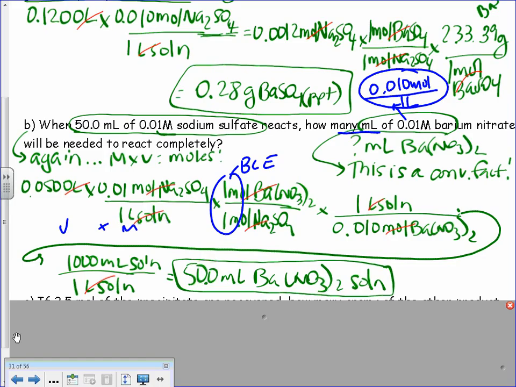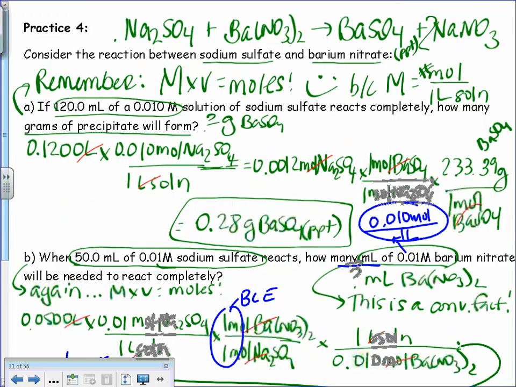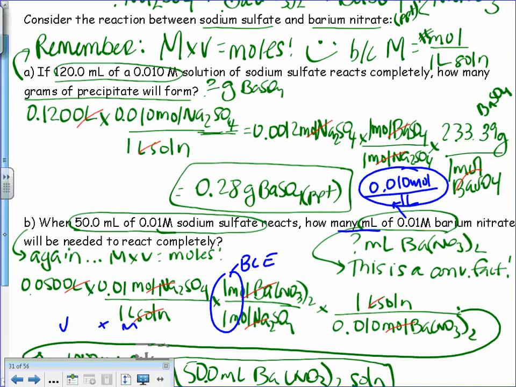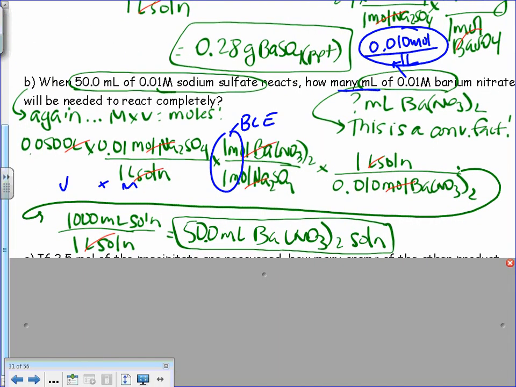And those barium nitrate and sodium sulfate reacted in a 1-to-1 mole ratio. So if they're the same concentrations, and they react in a 1-to-1 mole ratio, they should require the same number of moles or the same volume of each other. So he looked ahead and he was like, oh, it's just going to be 50 milliliters. And then I said, oh, you got to show it to me mathematically. But it does make sense because it's a 1-to-1 ratio.